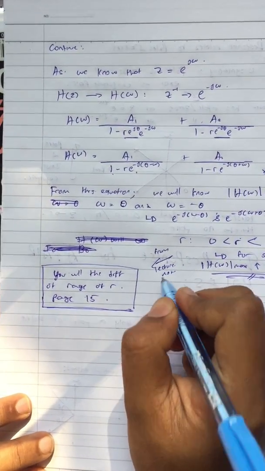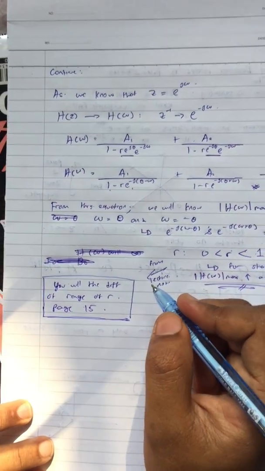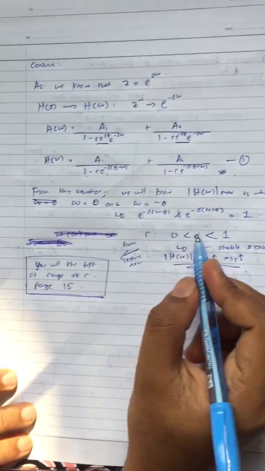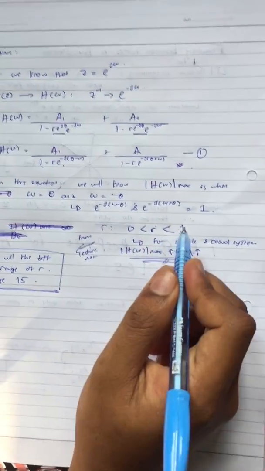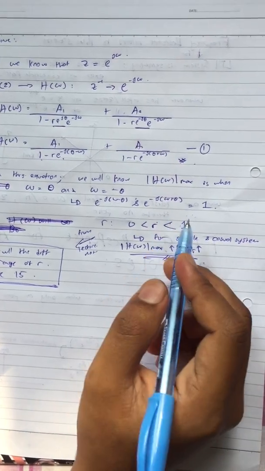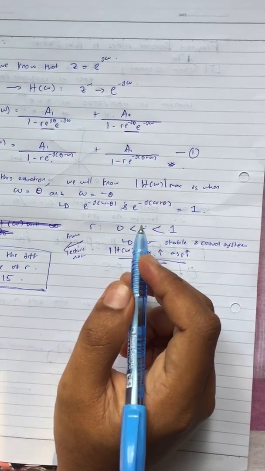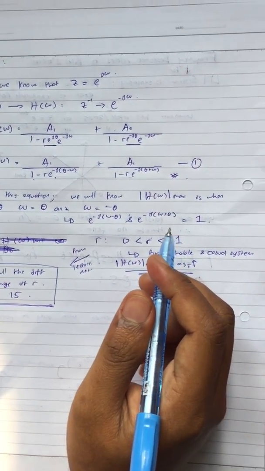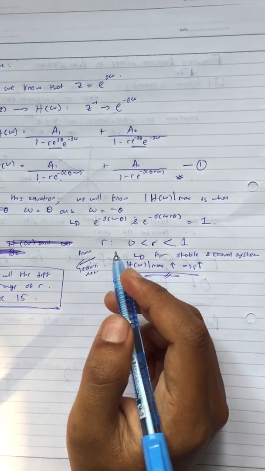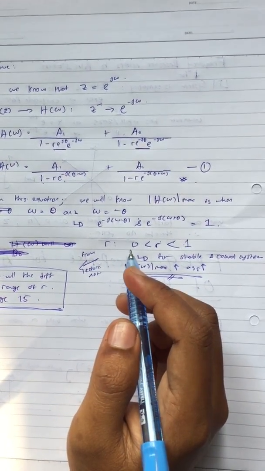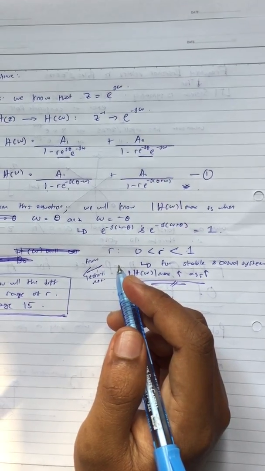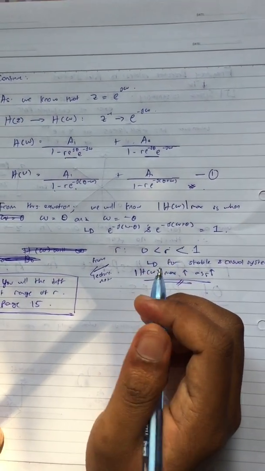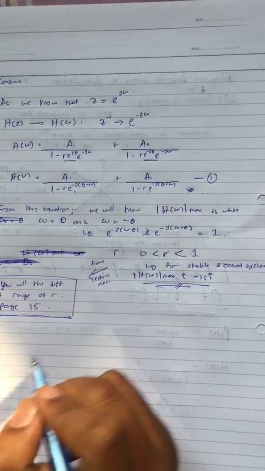On the left side is the range of r that is more than 1. As you can see, the graph is not accurate, not stable and causal, compared to the right side, which is more stable.